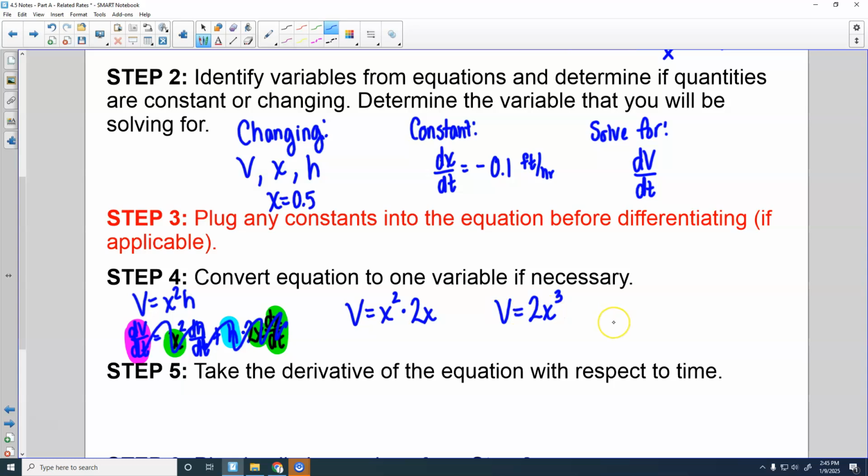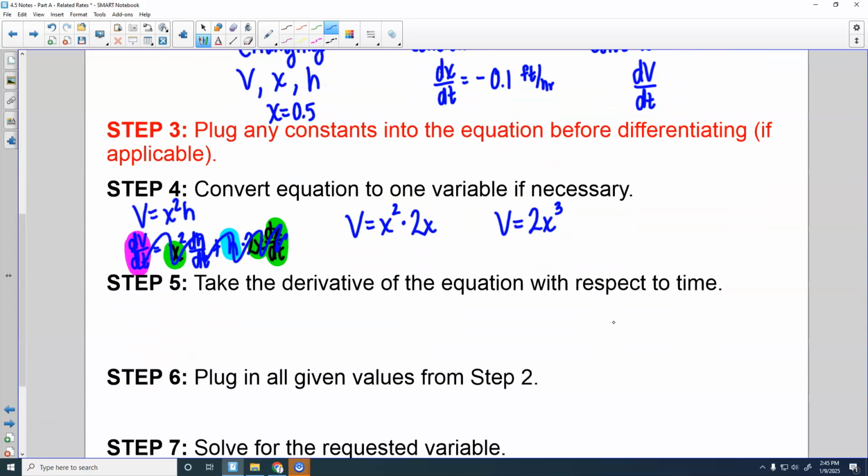So once we get to here, we're just doing the same thing we've done for the other problems. We're going to get dv dt equals 6x squared dx dt when we take that derivative.